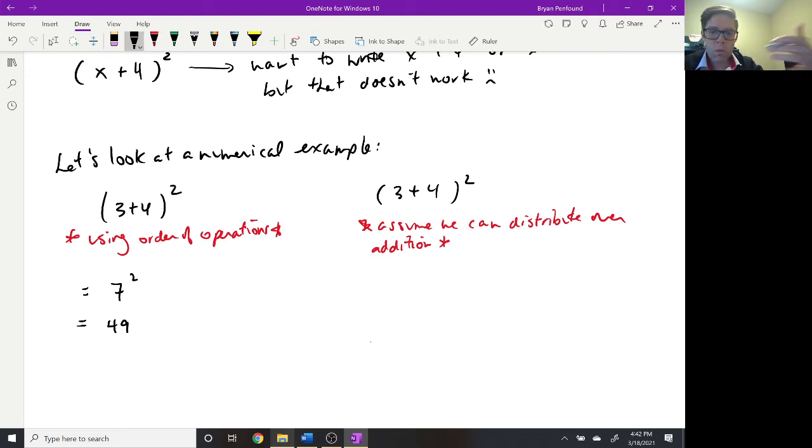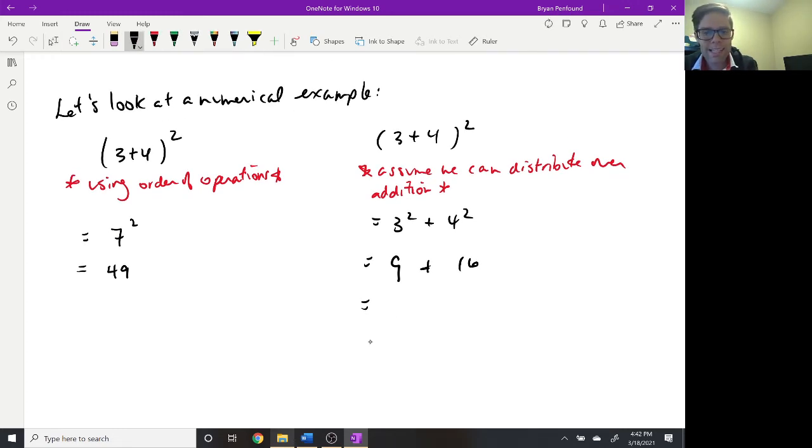Assuming that we can distribute this 2 over the addition, we would get something like 3 squared plus 4 squared. We know that 3 squared is 9, and 4 squared is 16. And when I add 9 and 16, we actually get 25.